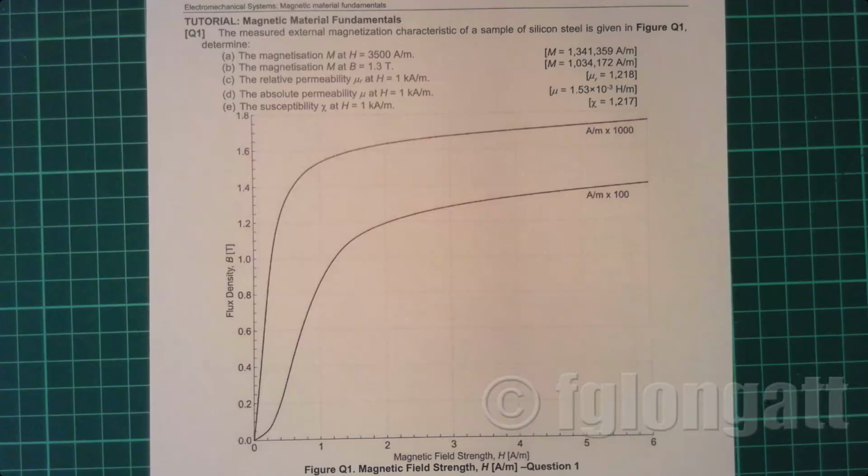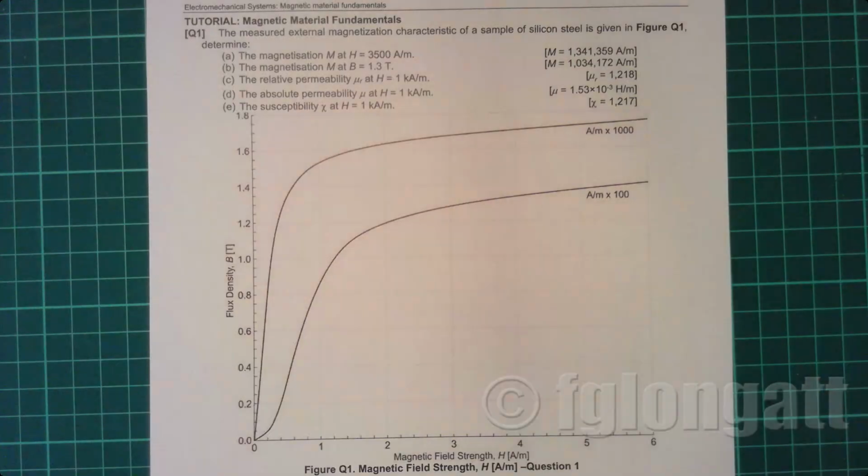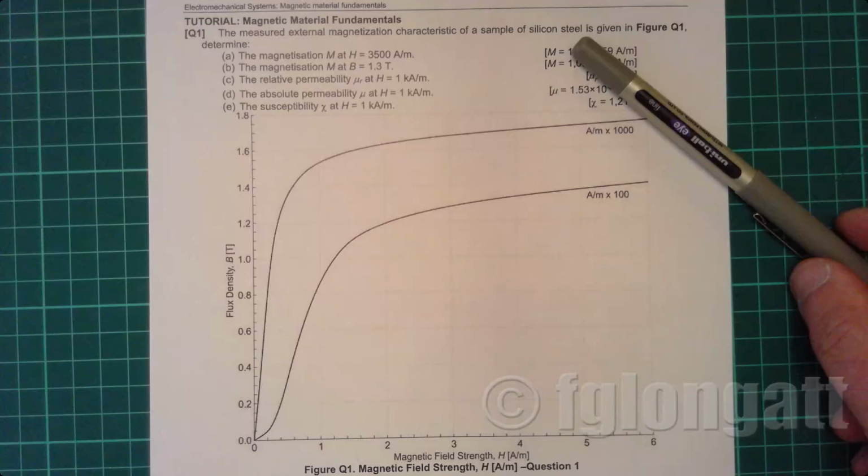If you remember from the theory, the BH curve is one of the most important characteristics that define the magnetic properties in materials. Here there is a BH curve for the very specific case of a sample of silicon steel.